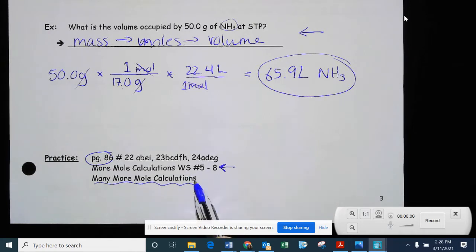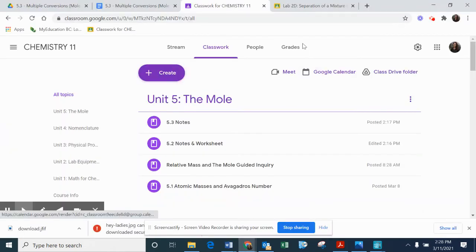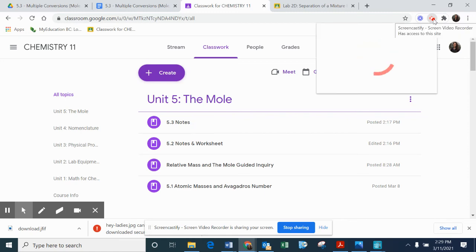So I'll put this up at the front and then work on these questions, and we'll go over some of them if people are having a consistent hard time on the same ones. And I'll throw that up on the Google Classroom here as well. Yes, many more mole calculations, so I'll put that up on the table here.